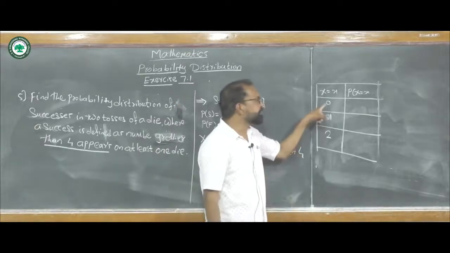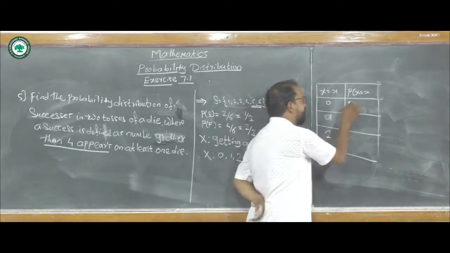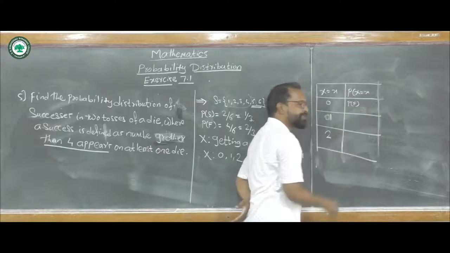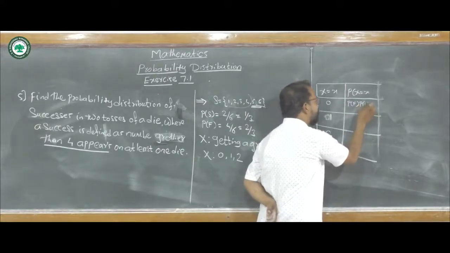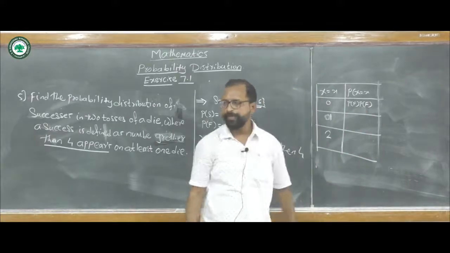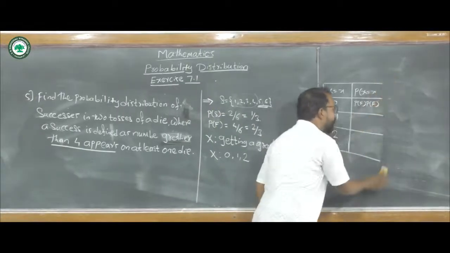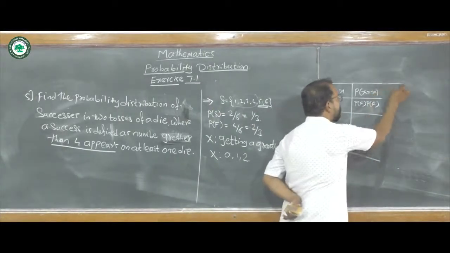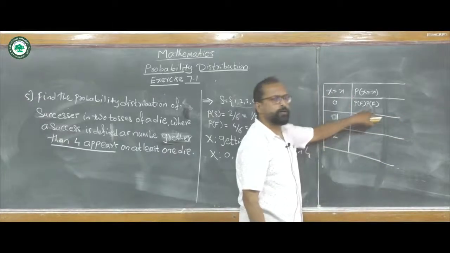Now there are 2 dice thrown, that is there are 2 trials, and we have to find getting 0 successes, that is the probability of getting failure on first toss, and again probability of getting failure on second toss also. So the probability becomes probability of failure into probability of failure.